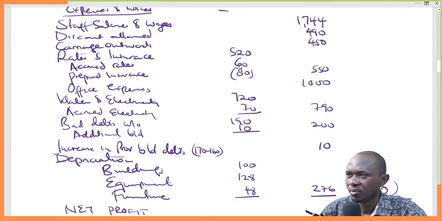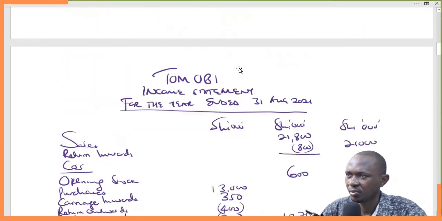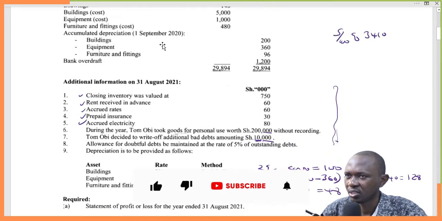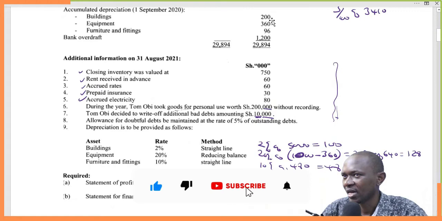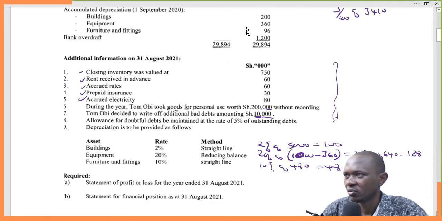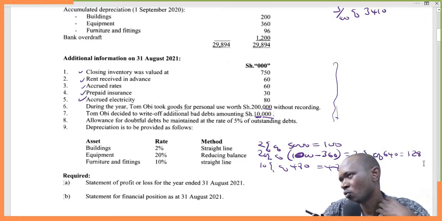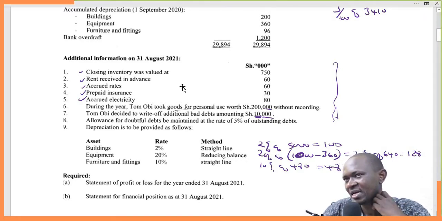Then depreciation, and here under depreciation we will take the accumulated depreciation 200 plus the current depreciation 100. So for buildings it is 300. For equipment it will be 360 plus 128, which is 488. And for furniture and fittings it will be 96 plus 48, which is 144.